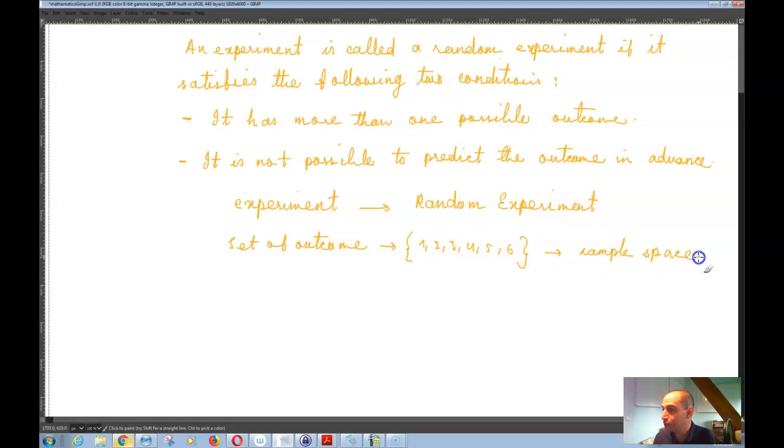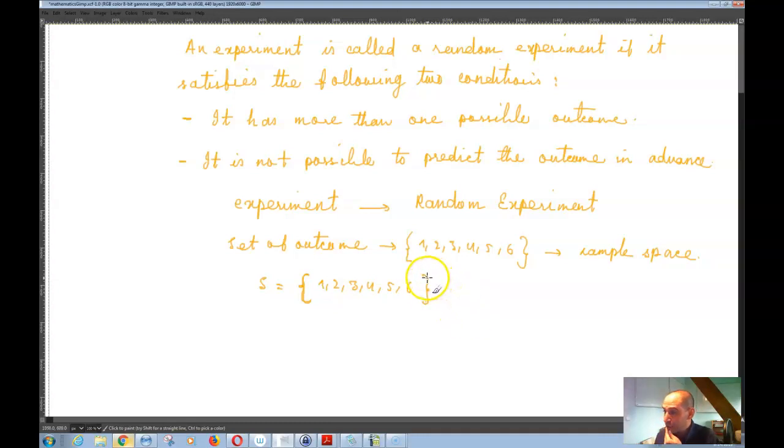The sample space associated with the experiment is denoted by the symbol S. So you can say that S, the sample space associated with this experiment, is {1, 2, 3, 4, 5, 6}.